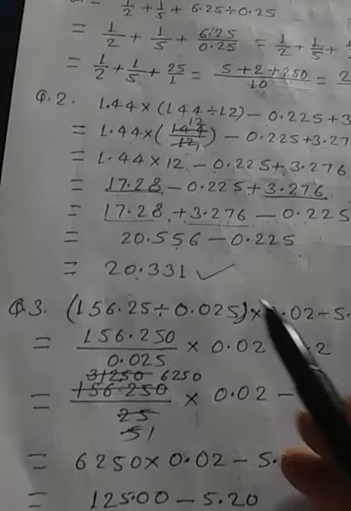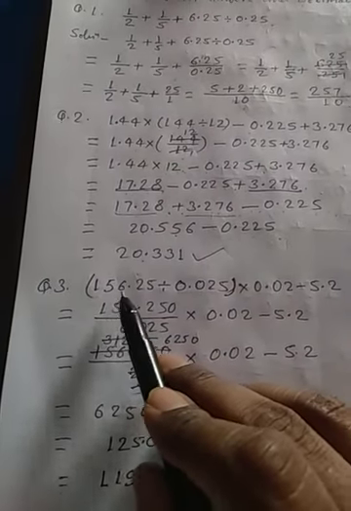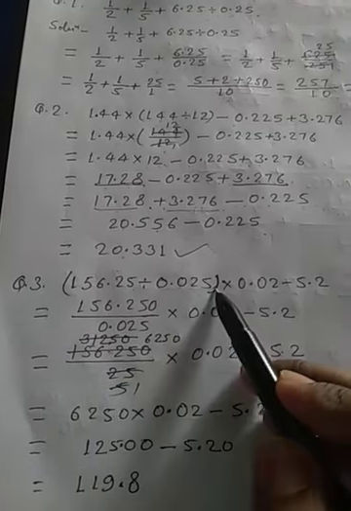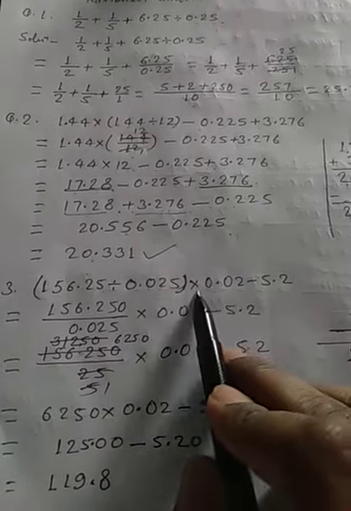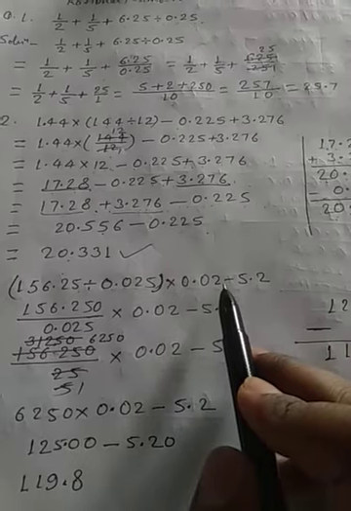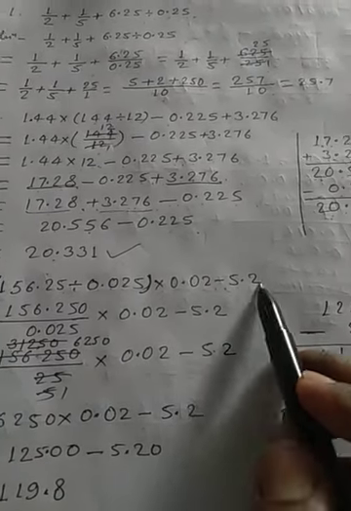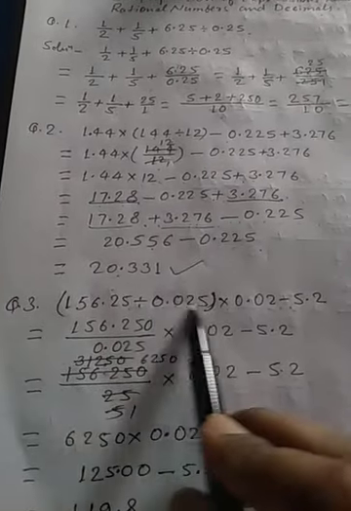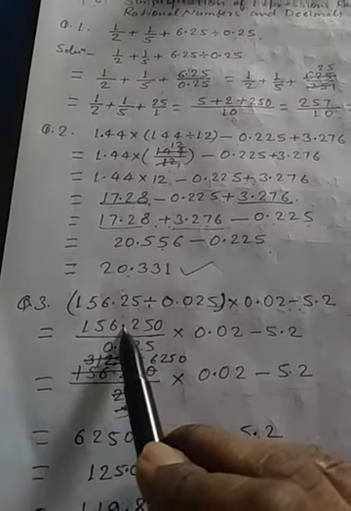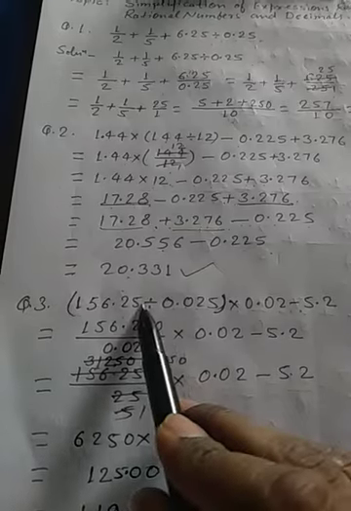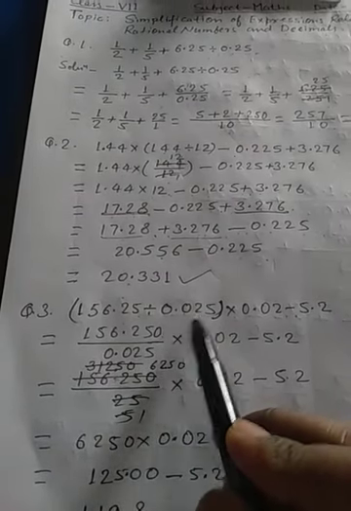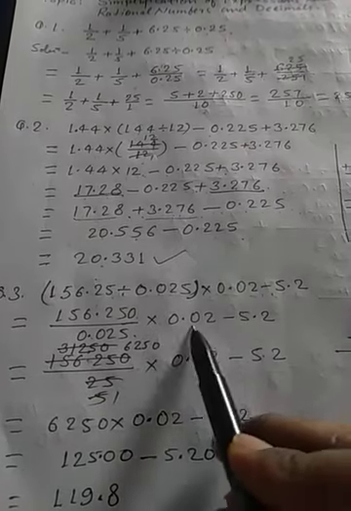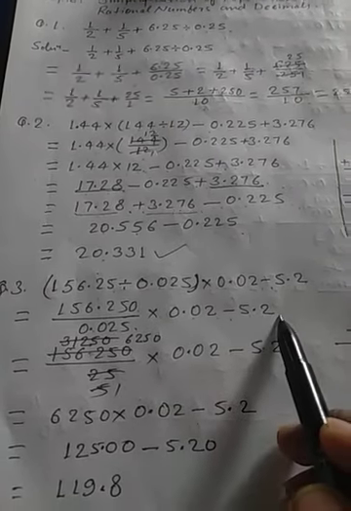Now, in the next question, 156.25 divided by 0.025, in bracket, into 0.02 minus 5.2. This is very simple. We have to write it in the form of division: 156.250 for like decimals by 0.025 into 0.02 minus 5.2.